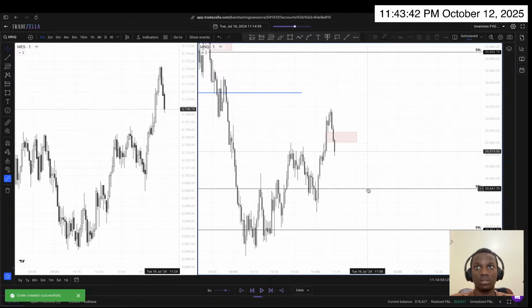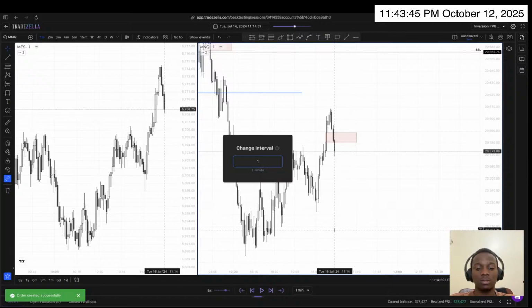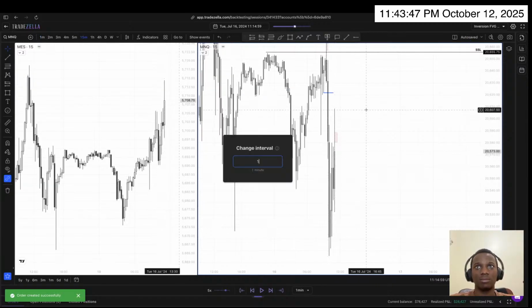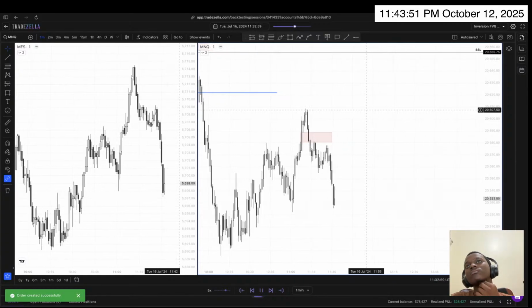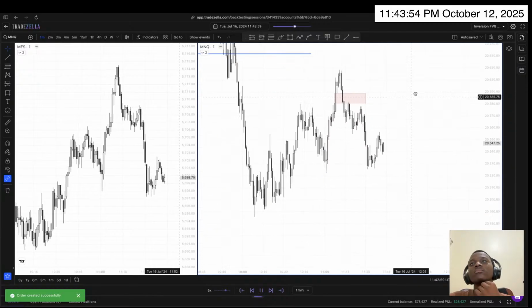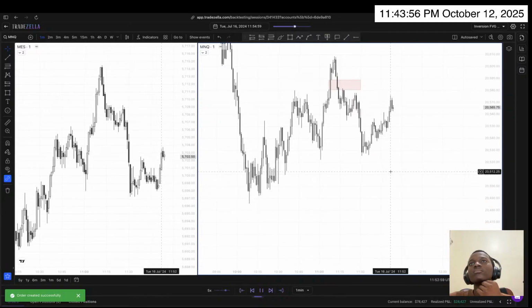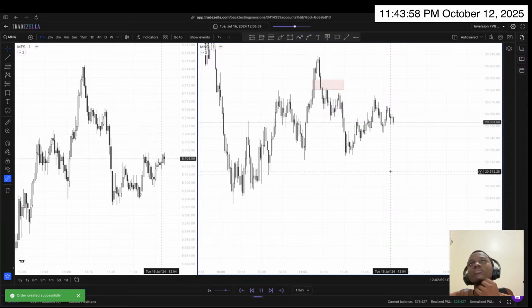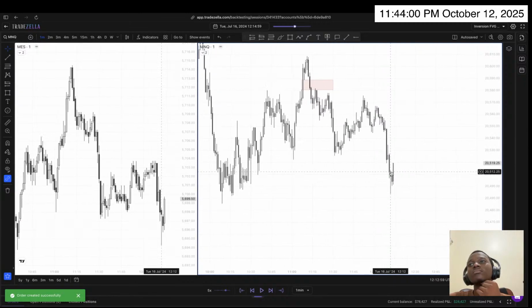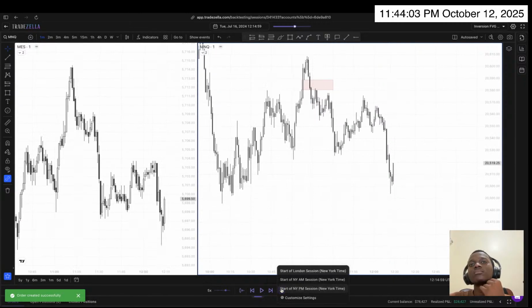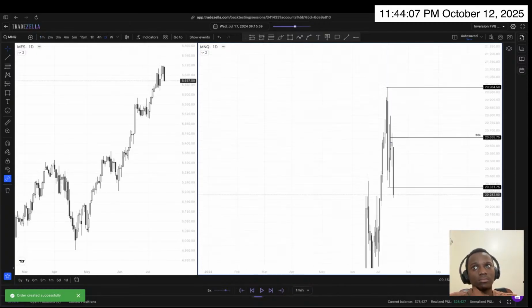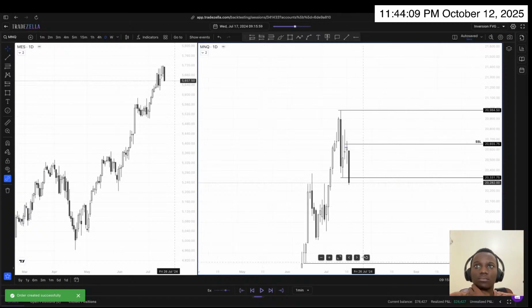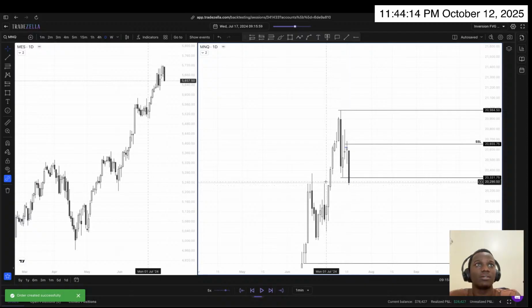This is not needed. This is not needed. No, the 15. February gap. Let's see if it rejects. Extremely explosive day. We're now in the gap.